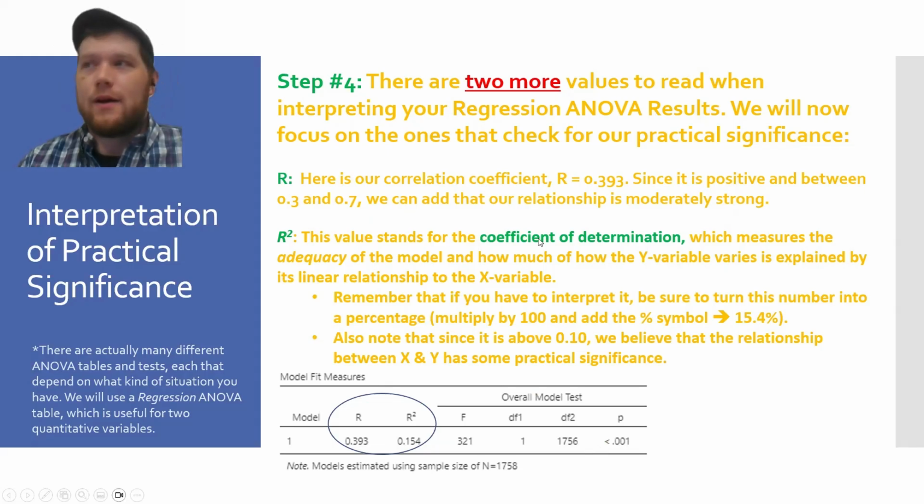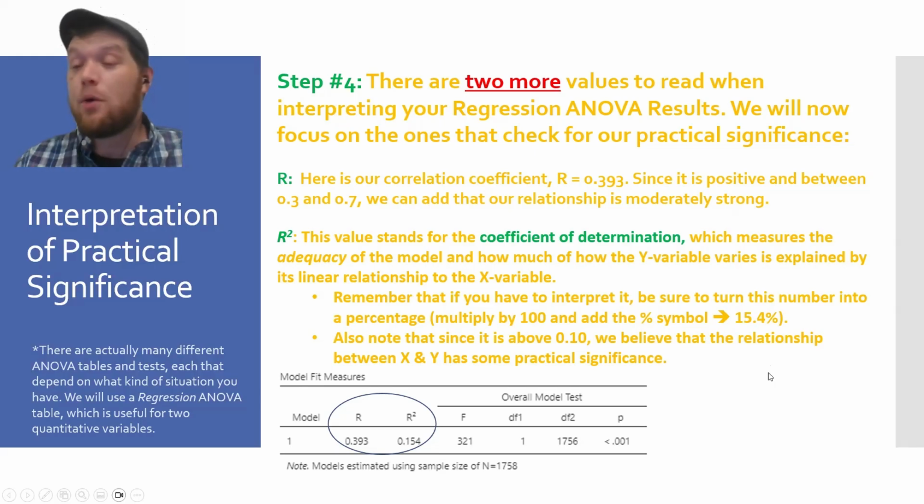We also have R squared, or the coefficient of determination, the adequacy of a model, or how much of the y variable varies based on an explanation from its linear relationship to the x variable. If I had to interpret it, make sure to turn this number into a percentage. This 0.154 should be 15.4%.